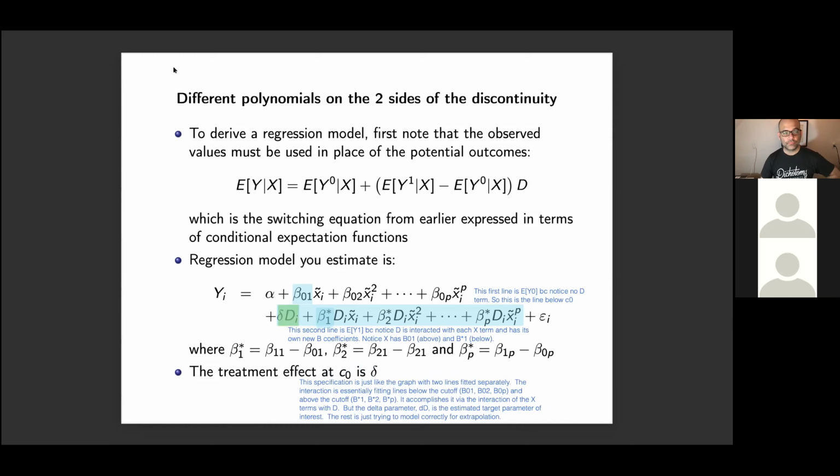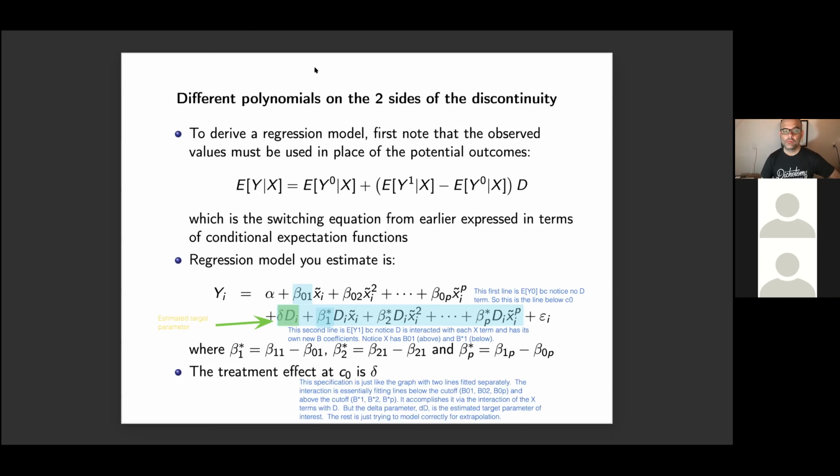This is our estimated target parameter right here. The rest is just trying to model the nonlinearities correctly for extrapolation.